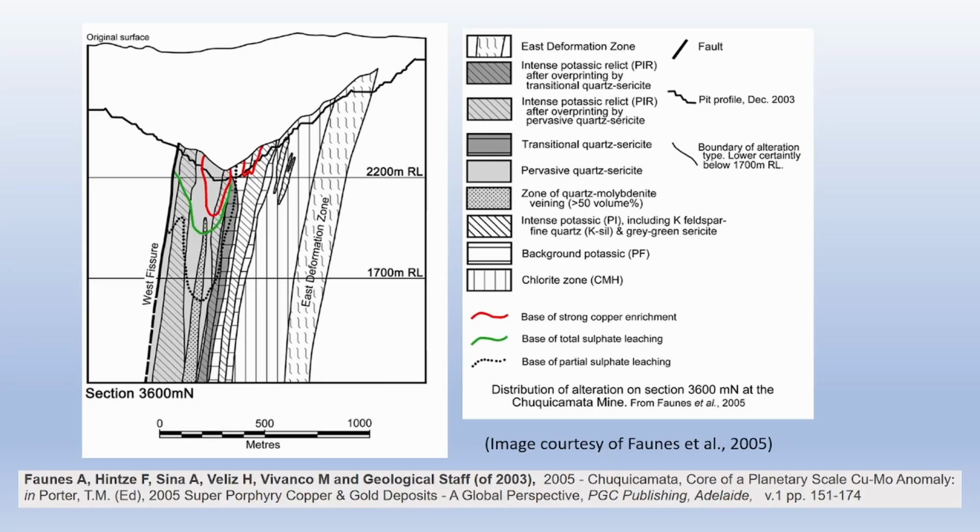It's overprinted by progressively cooler and more acidic fluids, and they're overprinted by pervasive and transitional quartz-sericite alteration, which indicates telescoping of the system, where later stage fluids reentered and modified earlier mineral assemblages. These transitions record a protracted lifespan and dynamic fluid evolution, which is characteristic of large porphyry systems.